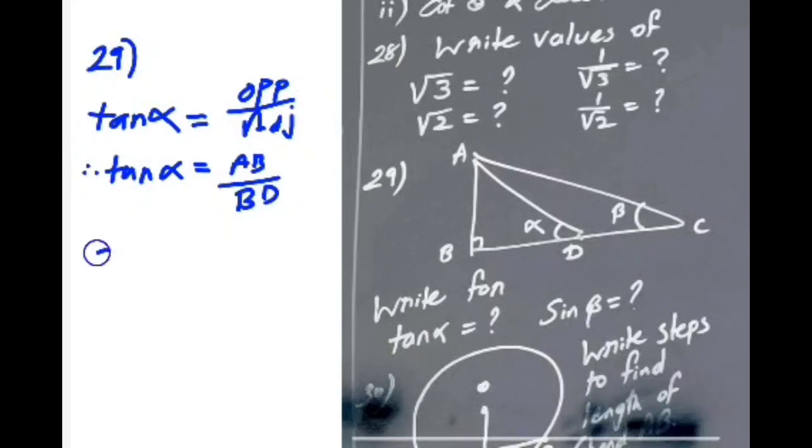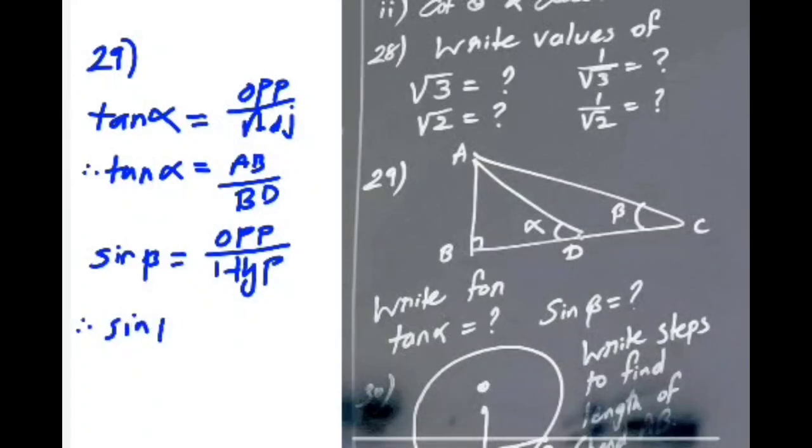Now similarly if you want to find sin beta, that is opposite upon hypotenuse. So sin beta is opposite, that is AB, upon hypotenuse, that is AC. So this is how you can apply.